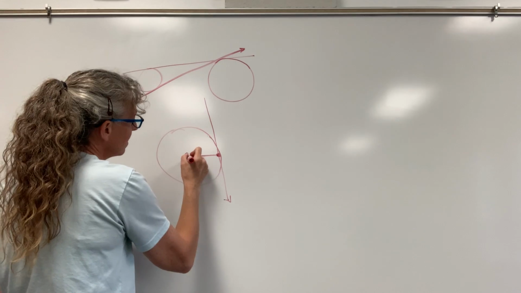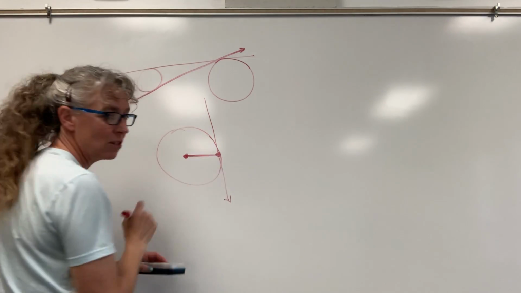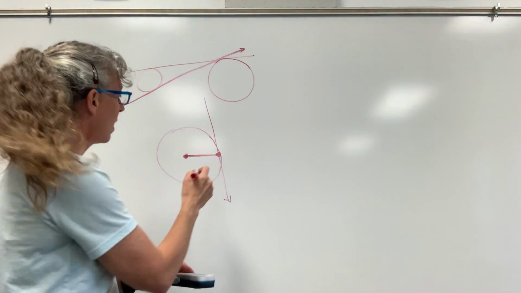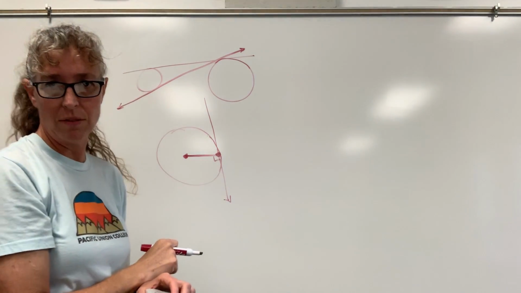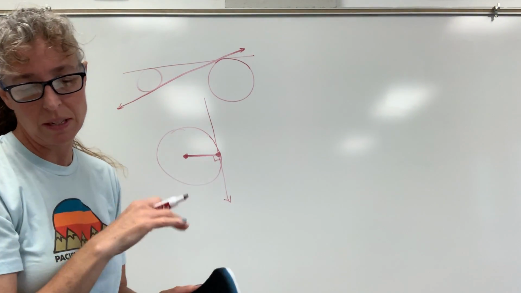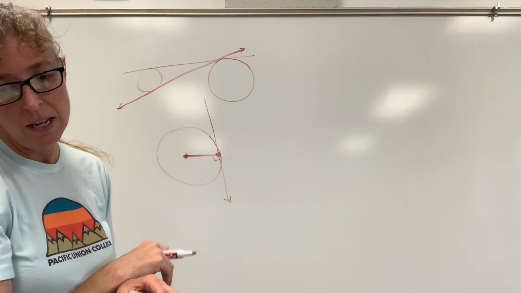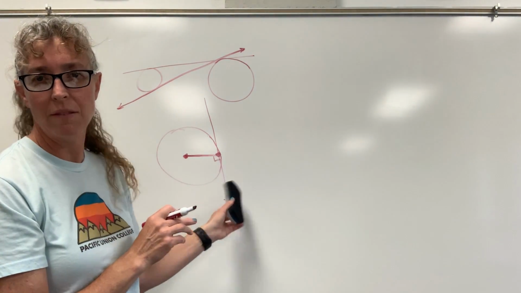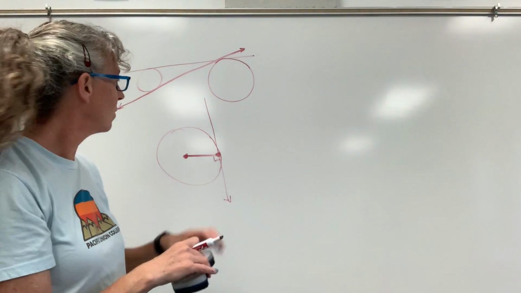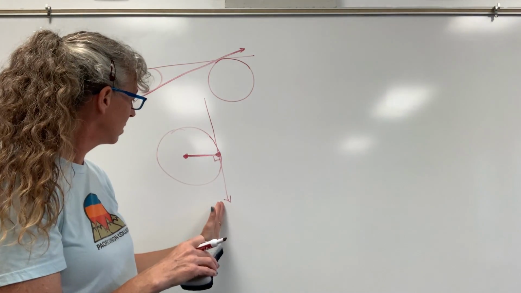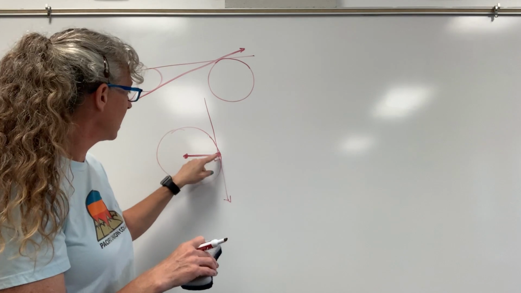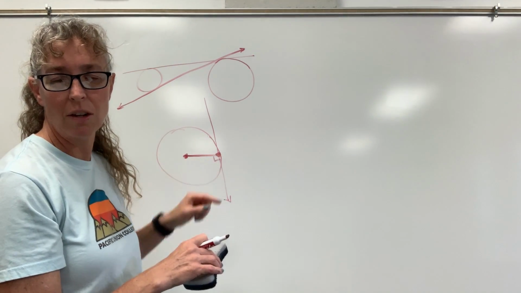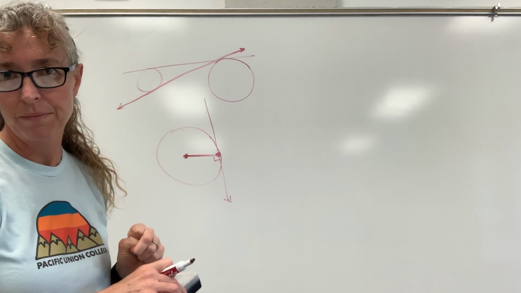If the radius runs into the point of tangency, which it does here, that will create a 90-degree angle. And it works both ways. That's why there's 2 theorems there, okay? If you know that it's perpendicular, then you know that this is a line of tangency. So if you have a tangent and the radius hits at the point of tangency, it creates a 90-degree angle.